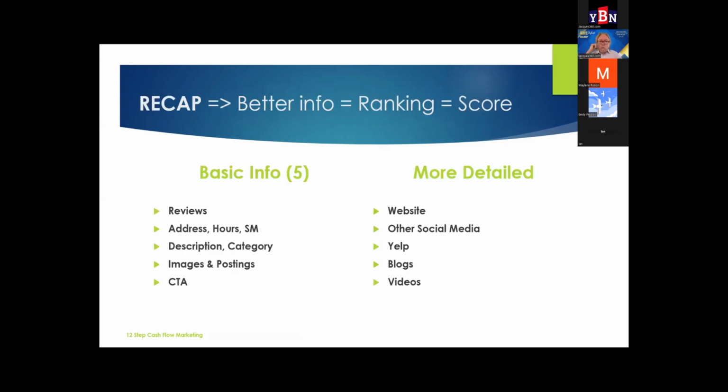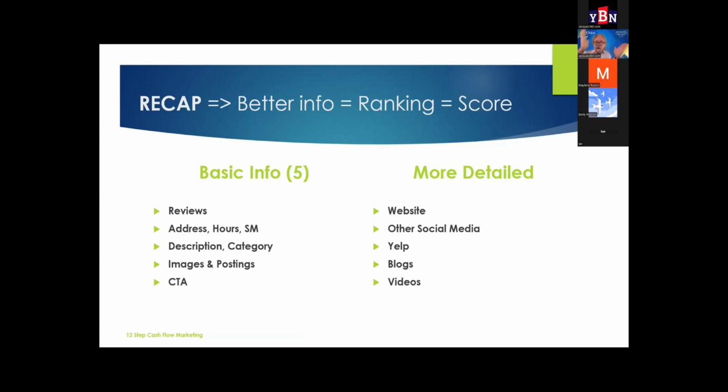So, what are the 5 basic things, the 5 secrets really to optimize your profile? Number 1 is reviews, and that's something we can help you with. Number 2 is making sure that your business information is accurate. Your address, your hours, your social media platform.